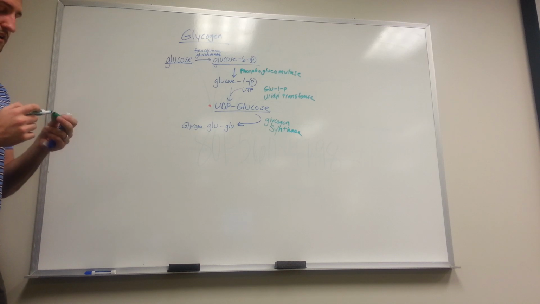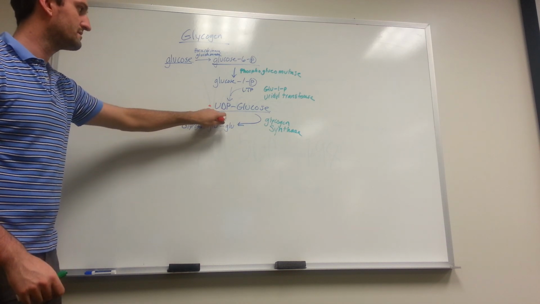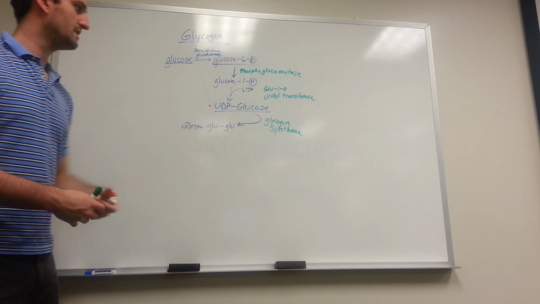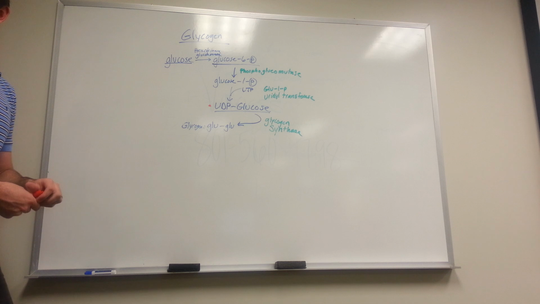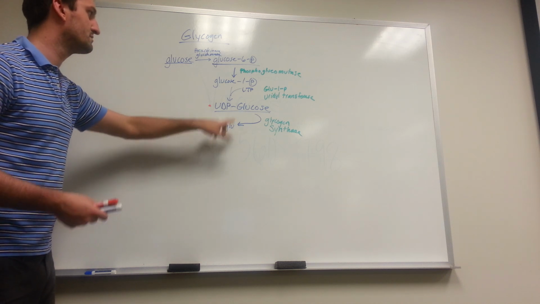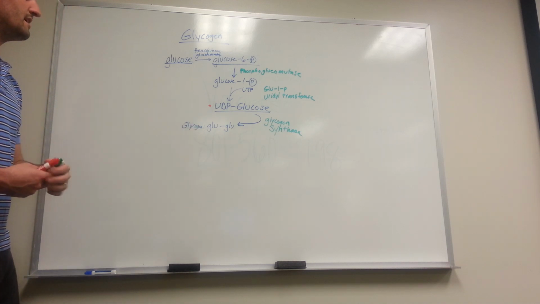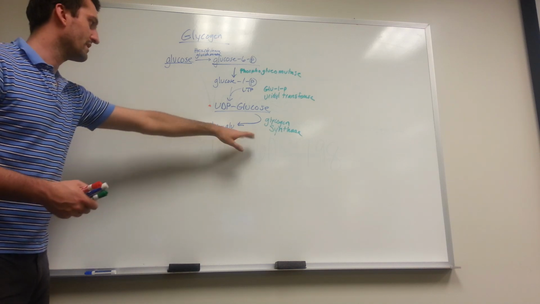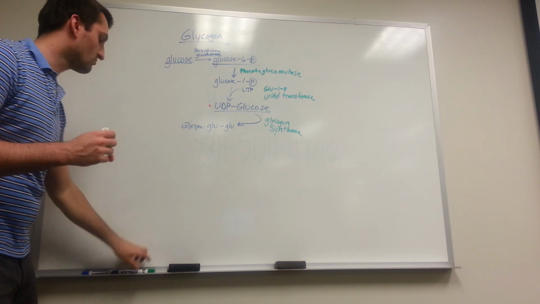Glycogen synthase is going to put our building blocks onto our preformed glycogen molecule, and in the process, we're going to have another glucose added. So it'll be glucose, glucose, and now a third glucose that UDP will drop off, and here is our ever-growing glycogen molecule.